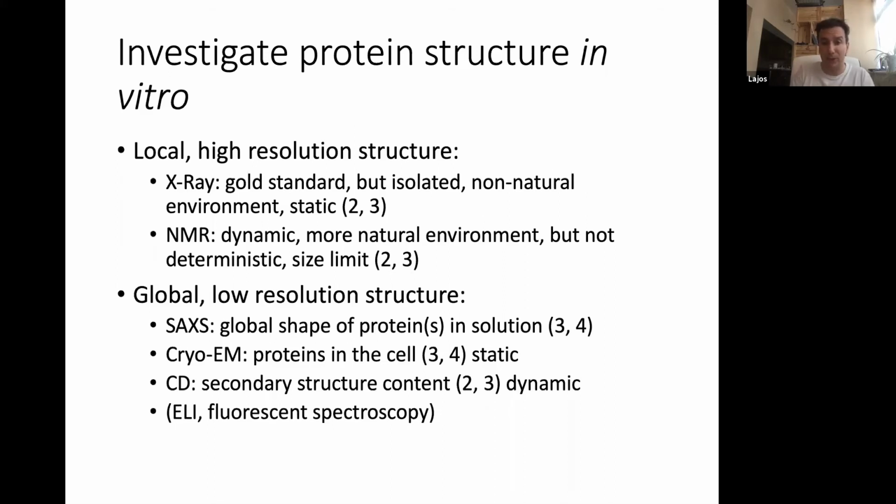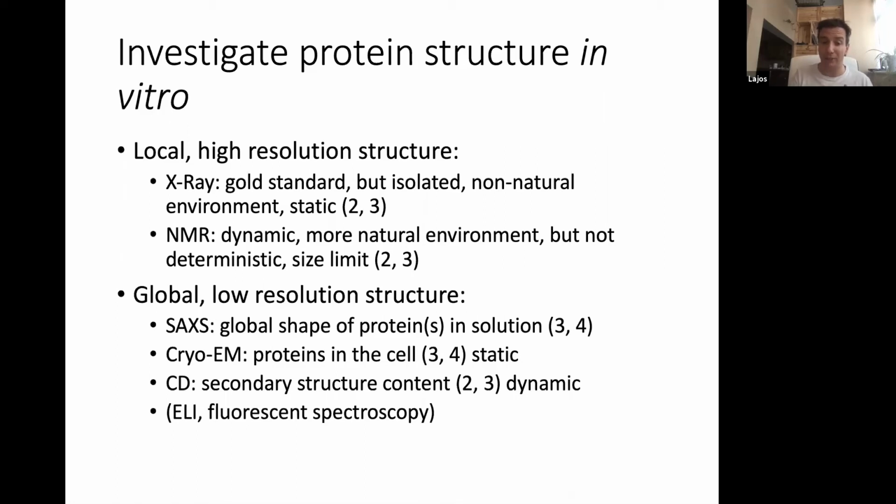And if we speak about high resolution structure, we are mainly speaking about two different in vitro methods, the Röntgen crystallography, X-ray crystallography, and nuclear magnetic resonance. The X-ray is the old and gold standard way of identifying structures, but you have to know here that to make a good crystal, you need a very high concentration of the protein.